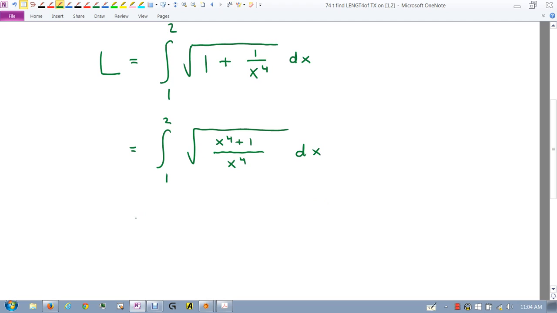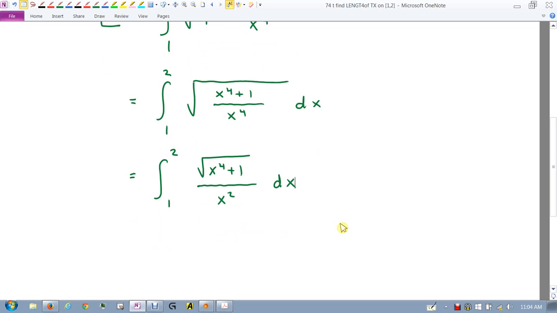Then what? What else could we do? We could maybe split it up like this. Like do the square root top and bottom. But I don't see anything obvious here.